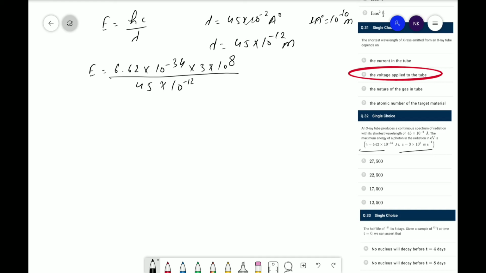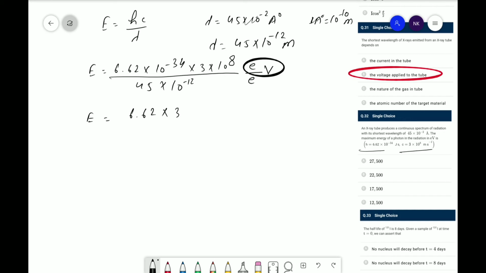But this one is not in electron volt; this value is actually in joule. Therefore, if we want to calculate this value in electron volt, we will multiply by e and also divide by e. Therefore this combination will be electron volt, and e is equal to 1.6 into 10 the power minus 19.